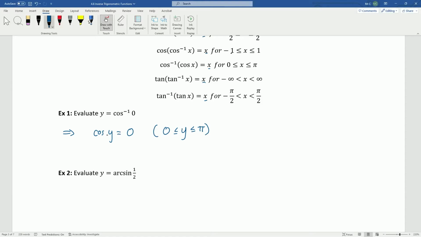So whenever you take the inverse problem and rewrite it in terms of the original function, you have to think about, okay, what's the restriction on my angle here? I know that y has to be between 0 and pi, so I ask myself, what angle y gives me 0 for cosine between 0 and pi? Oh, that's pi over 2. So y equals pi over 2.